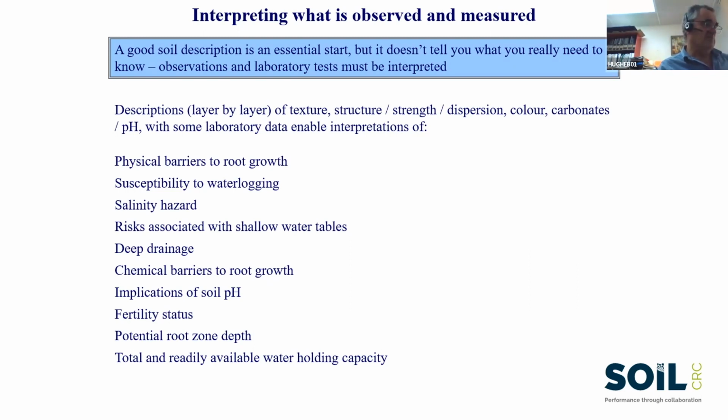In my experience, I've probably only seen really two soil pits over the hundreds I've looked at where I've seen really good root growth all the way down, which probably tells us something about our soils. And you can calculate things like total and readily available water holding capacity from those characteristics.